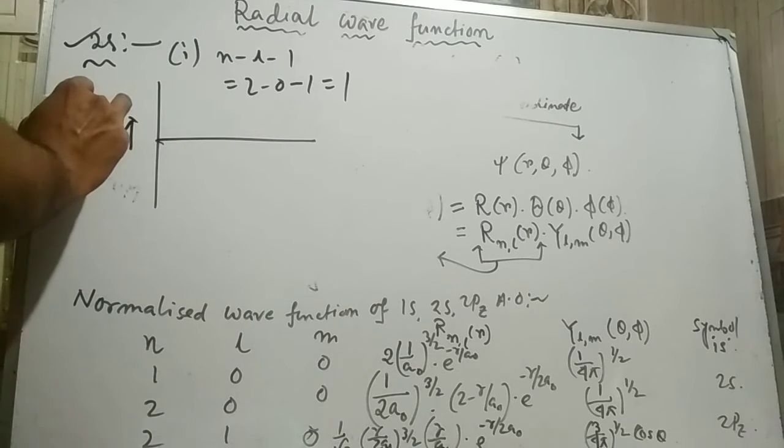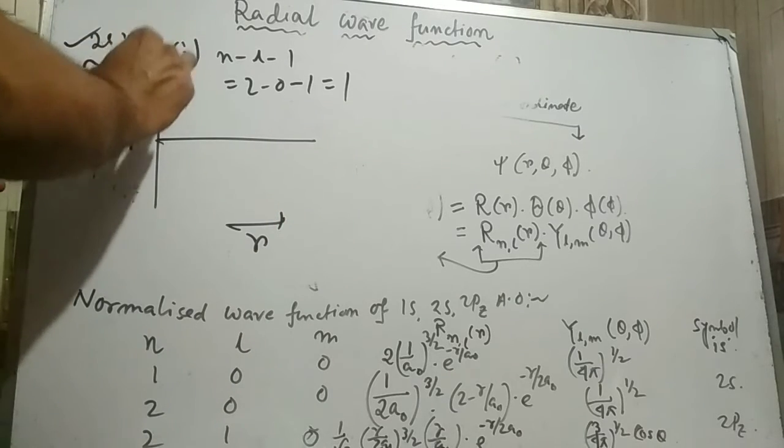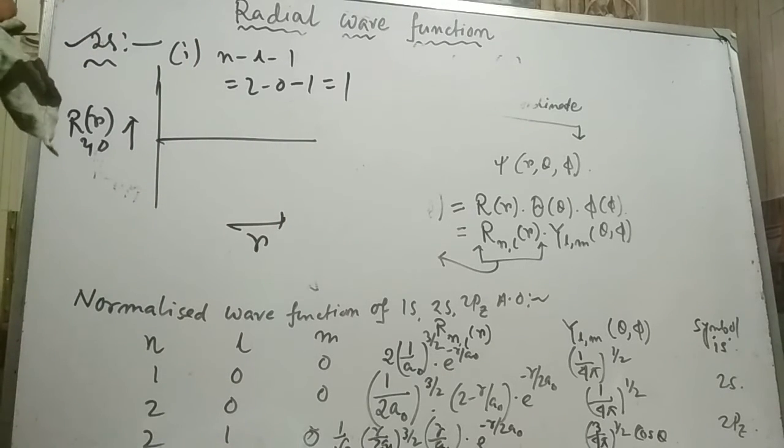Here this is r and this is R(r). The curve cannot start from the origin in the case of s orbitals, but in the case of p, d and f orbitals the radial wave function curve starts from the origin. This is very important information.